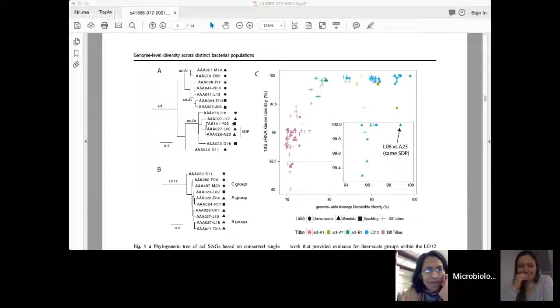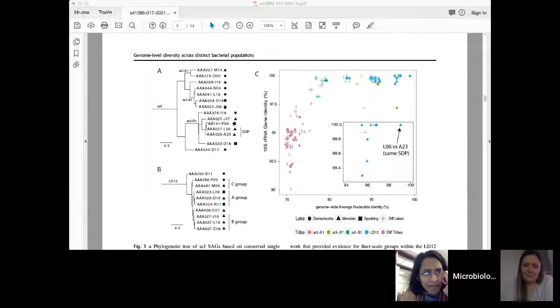And so they've defined that as being something that has global average nucleotide identity of greater than 95%. And you can see from the tree on there, this is what kind of puzzled me. I was like, oh, that's interesting, because the P03 over there is actually more closely related in this phylogeny, but they've left it out of the sequence-discrete population. So it must be that it's got more regional variation across the genome than the other two, and they didn't put it in there.